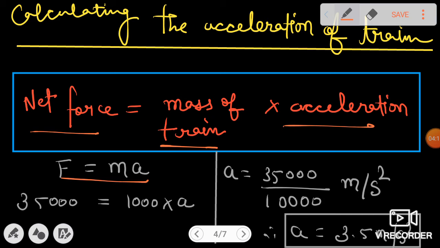There is a formula, force is equal to mass into acceleration. So applying this formula, we get 35,000 Newton equals mass, which is 10,000, into acceleration, which is a. So acceleration will be 35,000 upon 10,000 meter per second square. Therefore the acceleration is 3.5 meter per second square.